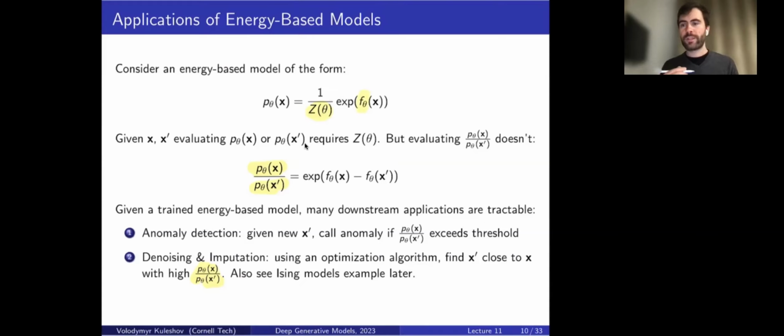Therefore, it's only a function of theta, not a function of x. This is why it's called the normalizing constant, because it's constant in x, but it's only a function of theta. Okay, I hope that answered the question. I think this is really important. The normalizing constant is the constant in x. It's only a function of theta. I think that's really important to note.